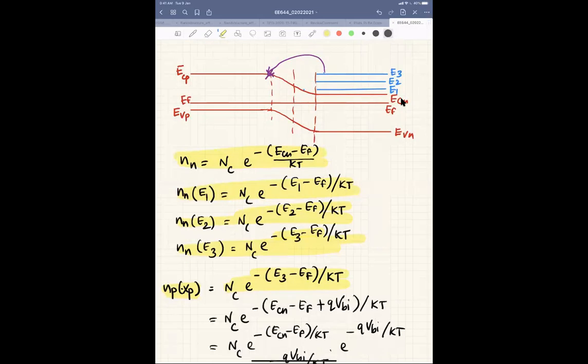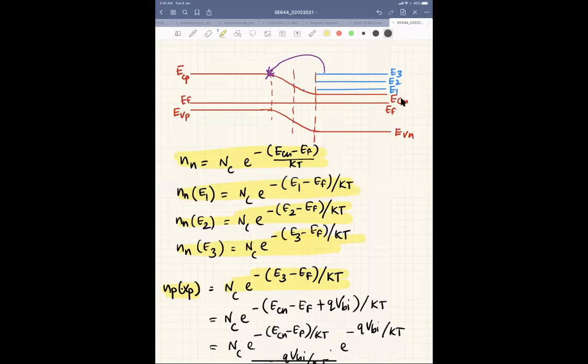Because these electrons have the possibility to be injected as they are at the same energy level. They can be easily injected, right? They don't need any energy, right? So I could write that. If you have any doubt, please ask me, because these are very important concepts you need to understand, right?